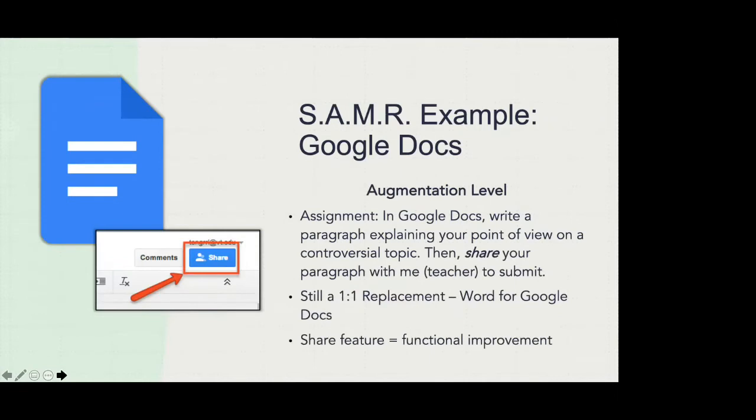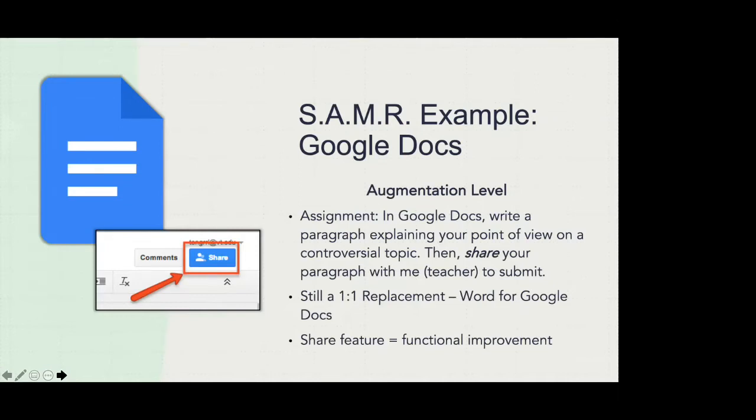So then with SAMR, if we go a step further, we go to the augmentation level. So our assignment is the same in Google Docs. Write a paragraph explaining your point of view on a controversial topic, and then you share your paragraph with me, the teacher, to submit it. Right? It's still a one-to-one replacement.